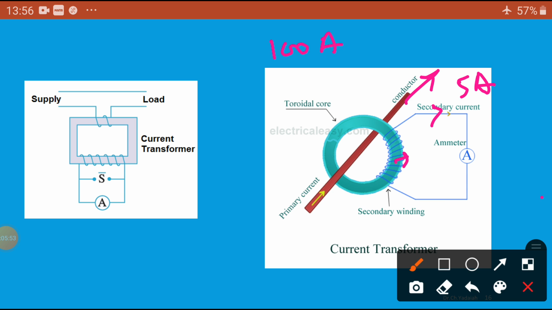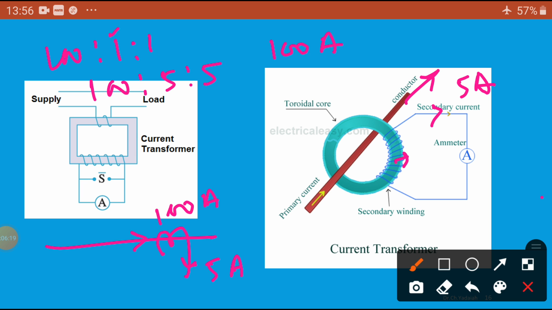That means whenever 100 amperes is flowing, our CT gives 5 amperes. The CT ratios may be 100:1 or 100:5 amperes, or sometimes 100:1, 100:5.